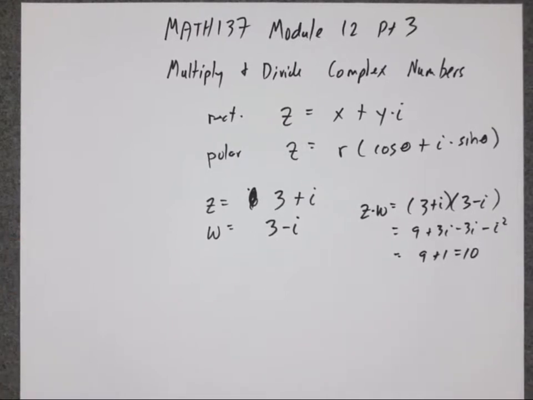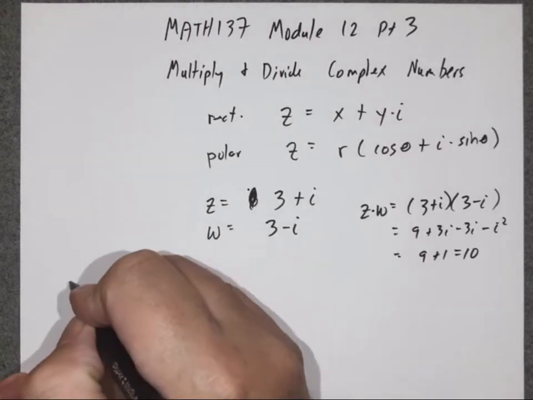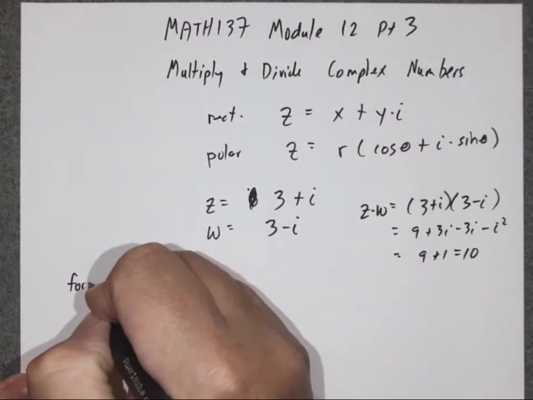Well, sometimes it's not so simple, or sometimes you may be given complex numbers in polar coordinates, and to convert them back into rectangular and do the multiplication is a pain. You just want to be able to multiply numbers in polar coordinates.